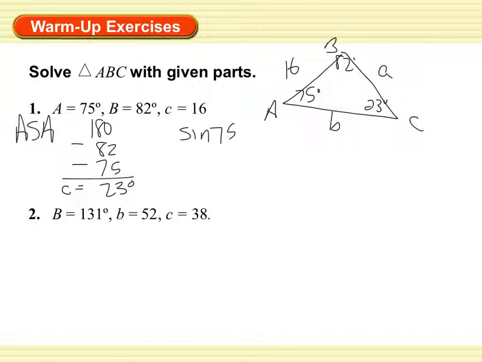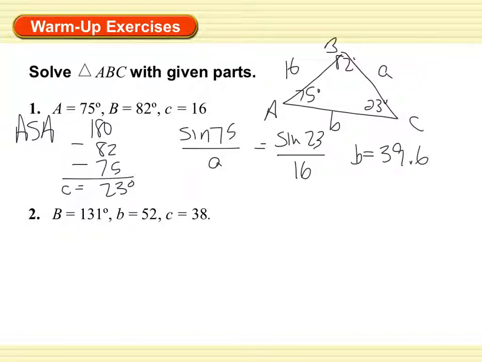Sine of 75 over A equals sine of 23 over 16. Go ahead and multiply. 16 times sine 75 divided by sine 23 gives me A of 39.6.